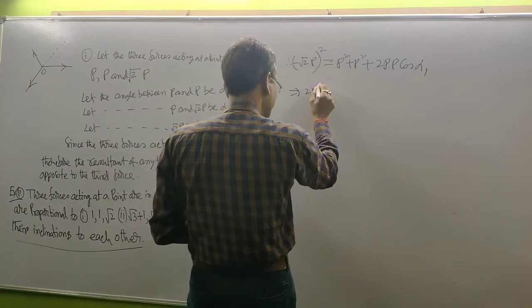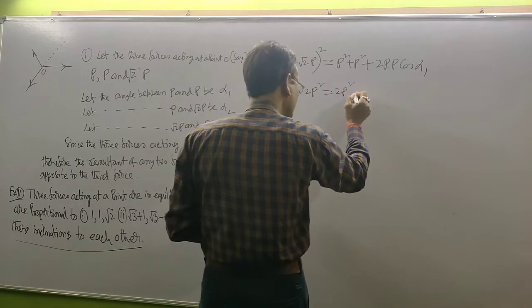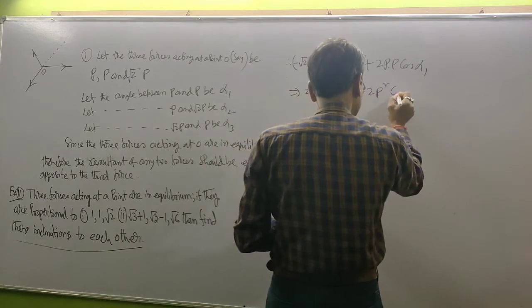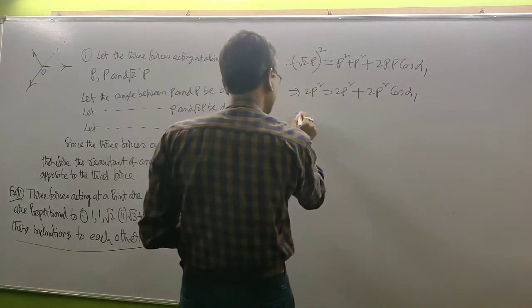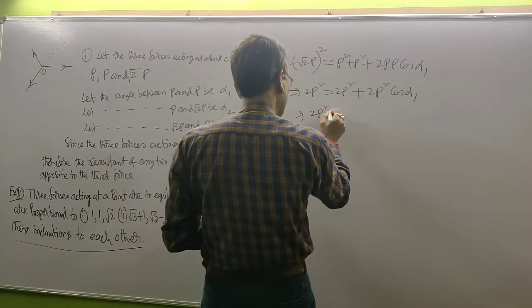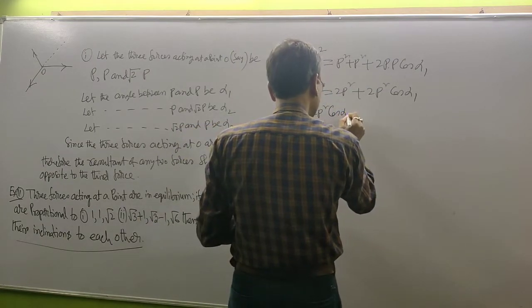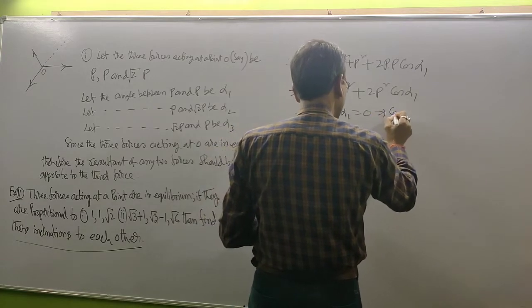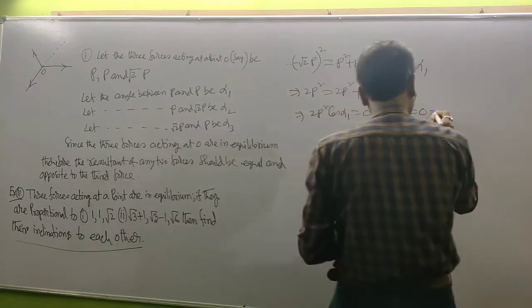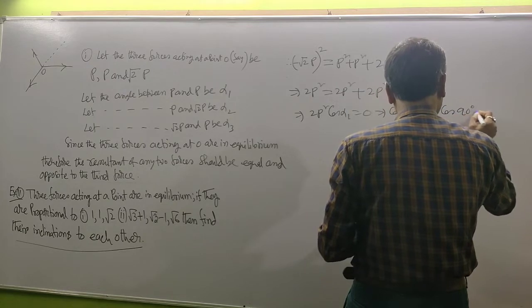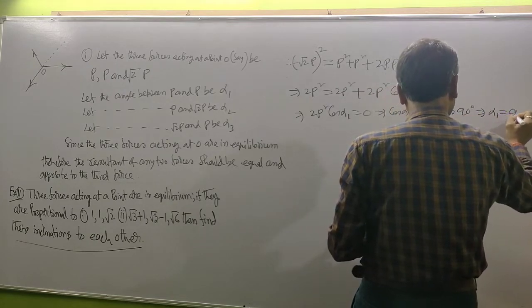This means twice P square equal to twice P square plus twice P square cos alpha 1. This means twice P square cos alpha 1 equal to 0. This means cos alpha 1 equal to 0 equal to cos 90 degree. This means alpha 1 is equal to 90 degree.